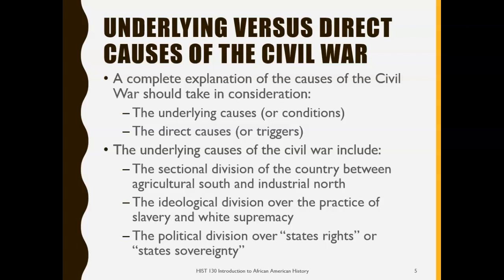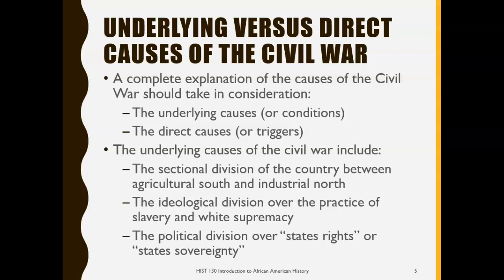A complete explanation of the causes of a civil war should take into consideration, on the one hand, the so-called underlying causes, which means long-term causes or conditions, and on the other hand, we also have to consider the direct causes or triggers of the war.